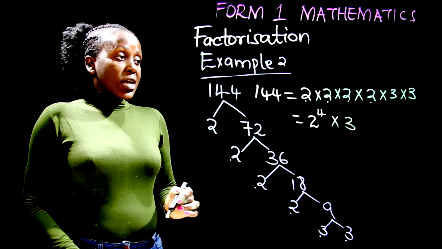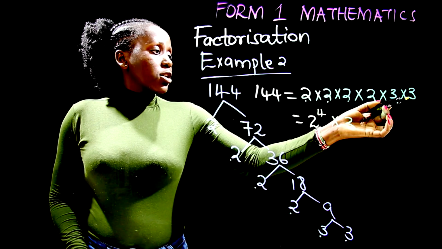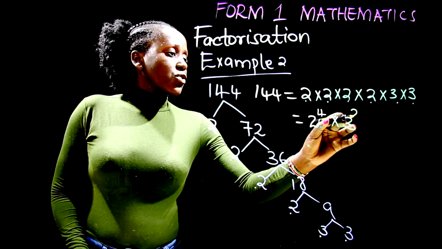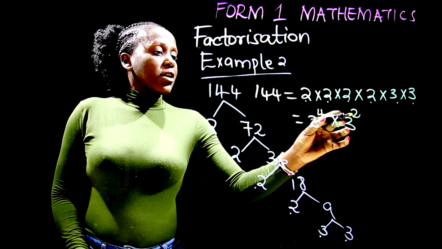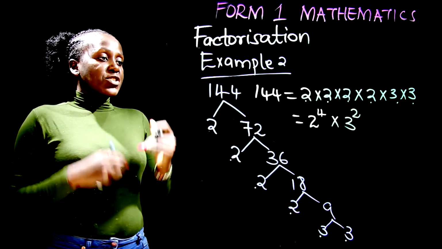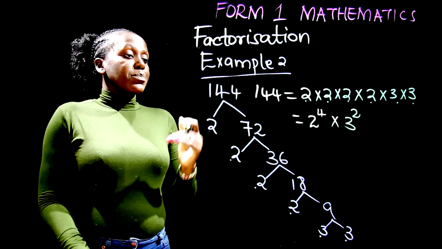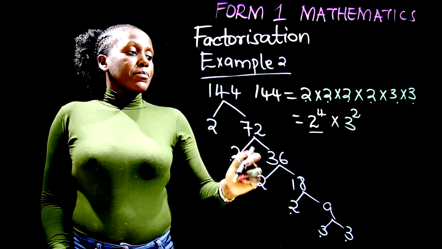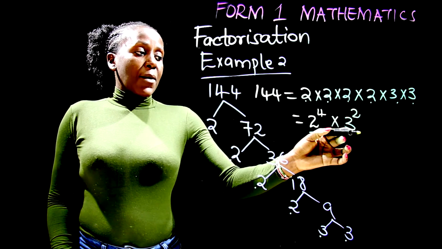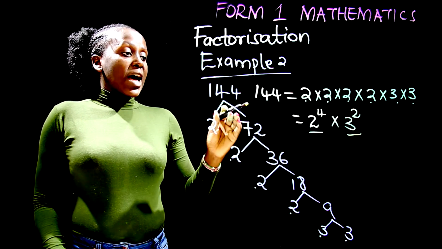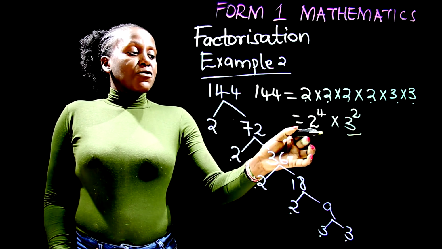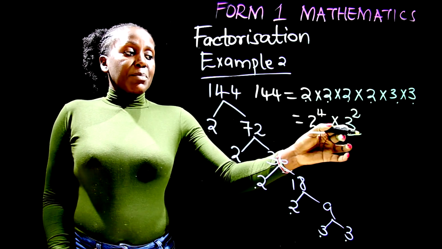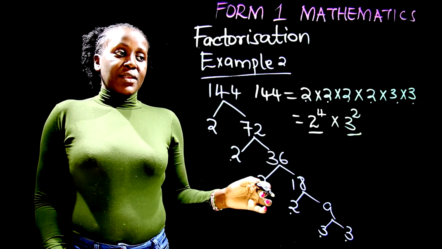How many 3's do we have? 1, 2. So this becomes 3 power 2. So 144 as a product of its prime factors is equal to 2 power 4 times 3 power 2. Notice how this is read: 2 power 4, 3 power 2.